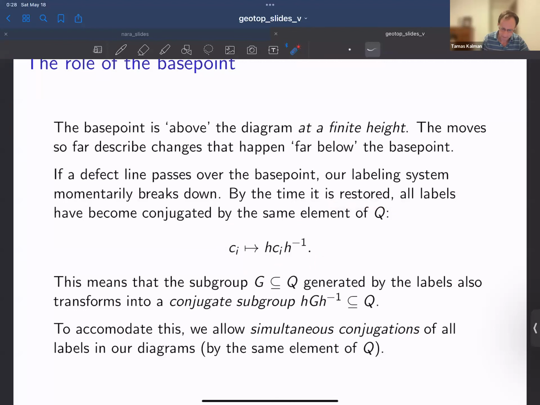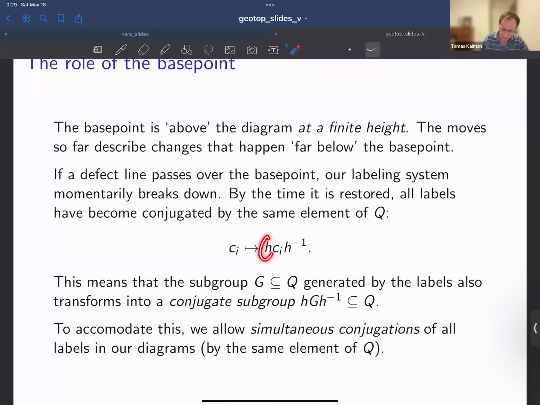By what? So what is this h? Well, probably you all know what it is, but the way to imagine it is to think topologically. Instead of imagining that a defect line passes over the base point, imagine that the base point goes down, tucks under one of the defect lines and then comes back.